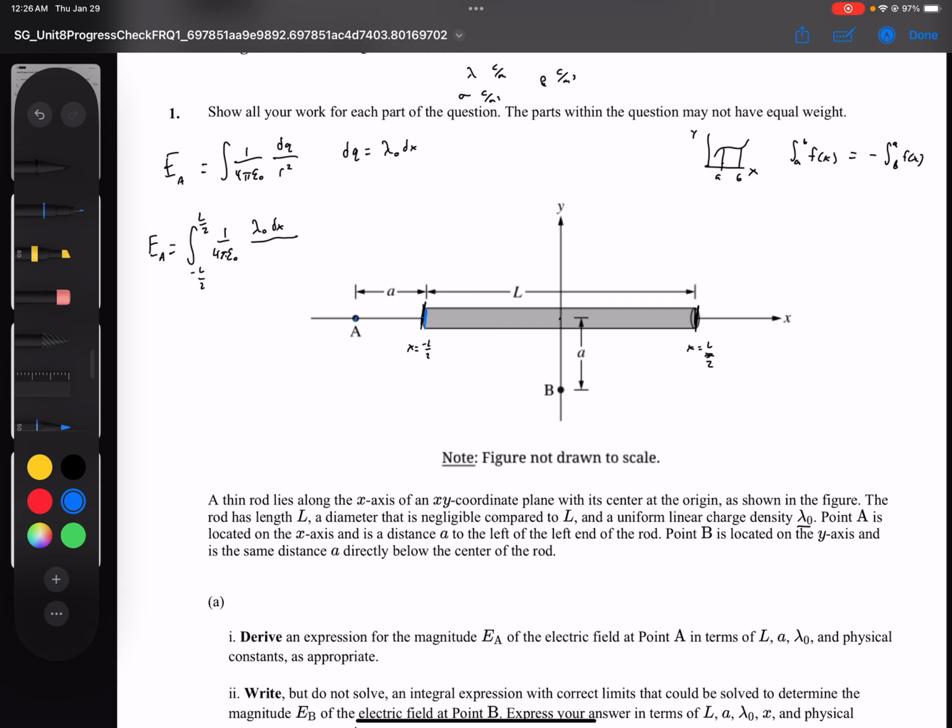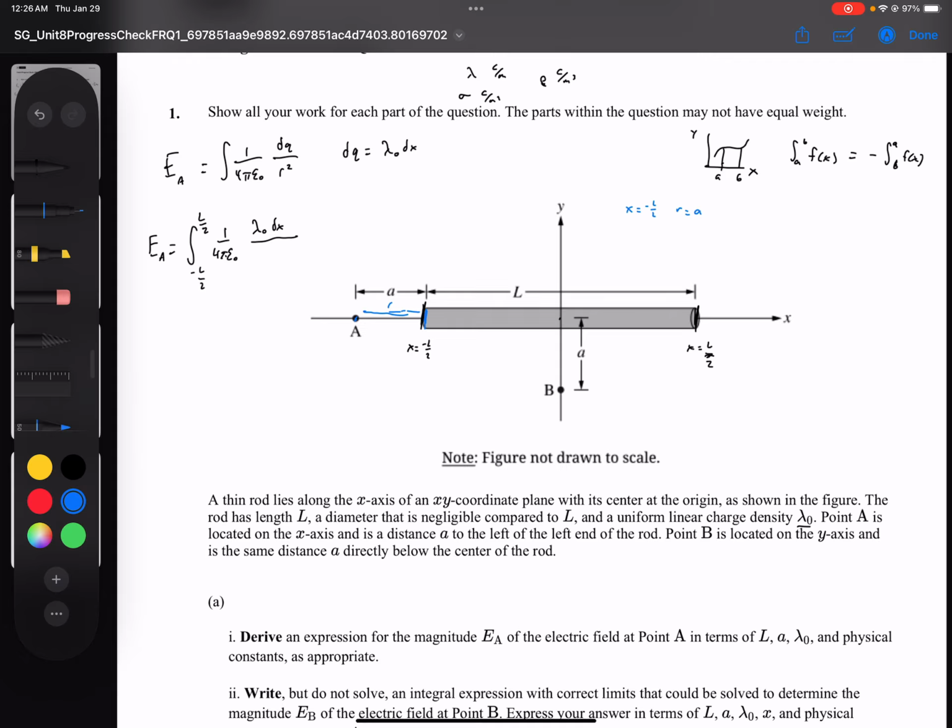So for this very first infinitesimal slice of the rod that has some infinitesimal charge, dq, this distance here is the r, right? And that distance is simply a. So right now I'm reasoning about the bounds. When x equals negative L over 2, I know that r has to be equal to a, all right?